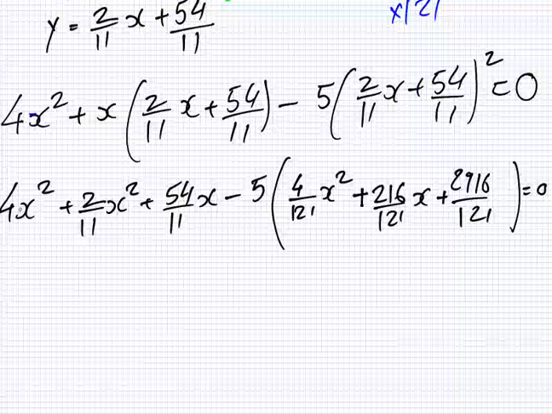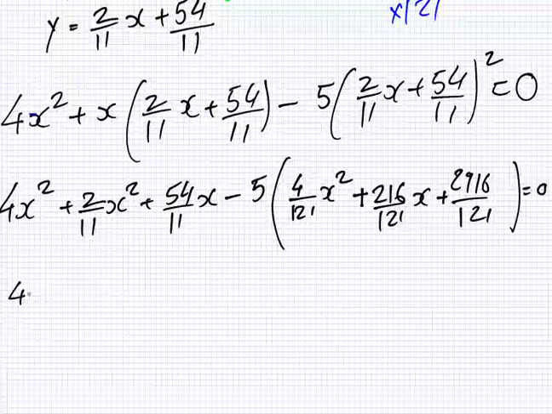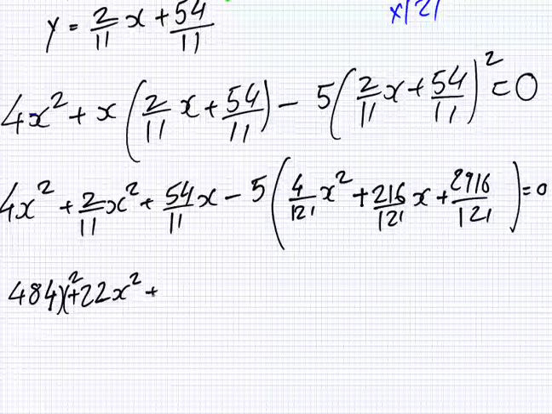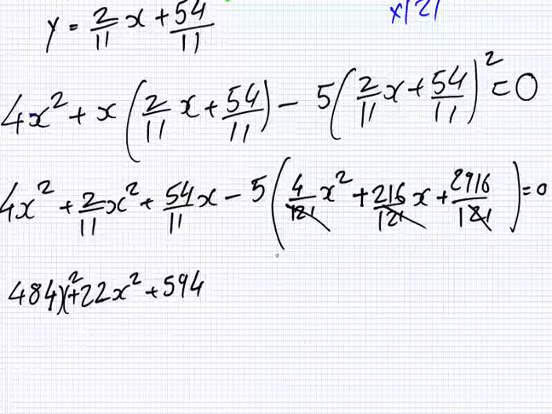4x squared plus xy minus 5y squared equals 0. Okay. If I wanted to get rid of the 11 in the denominator, I should multiply everything by what?